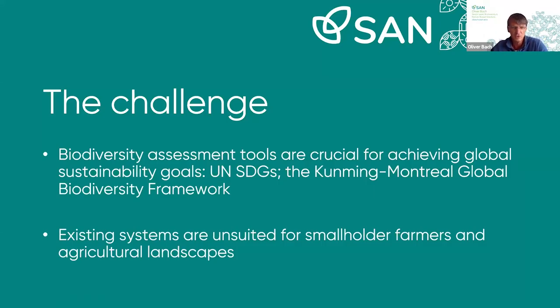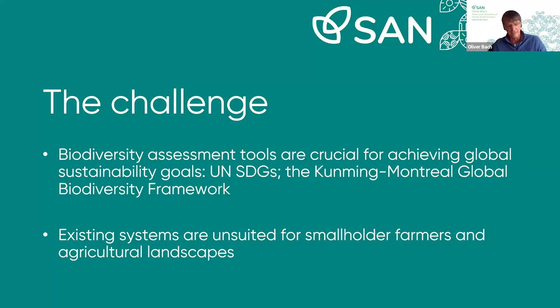So crucial for achieving the sustainability goals around biodiversity are biodiversity assessment tools, and this is what this session is about. But in a nutshell, most of the existing systems for biodiversity assessment are not suited for agriculture or for smallholder farmers because of their scale.